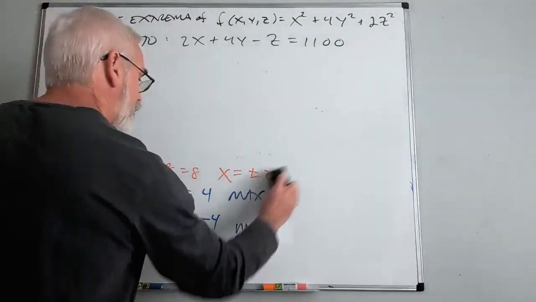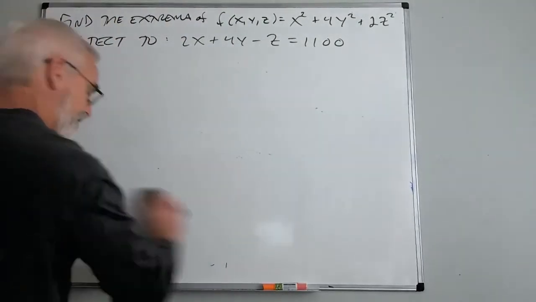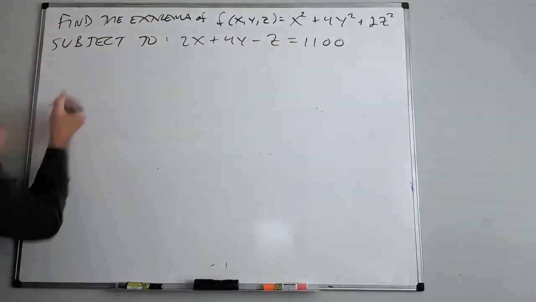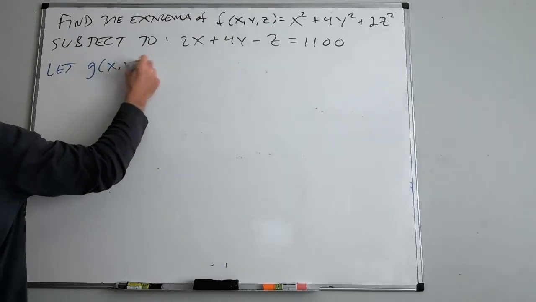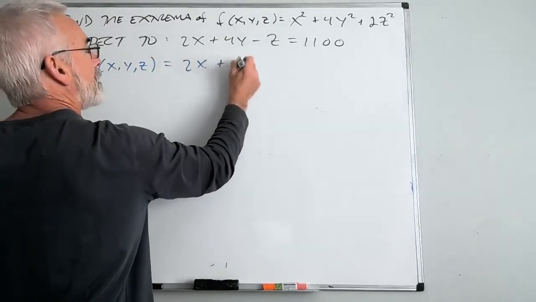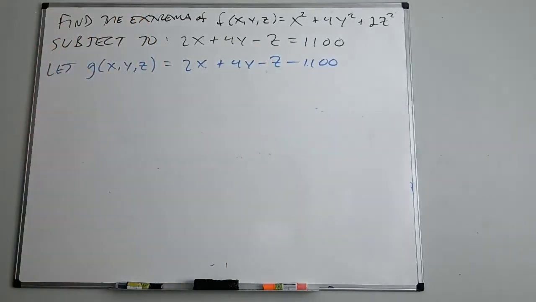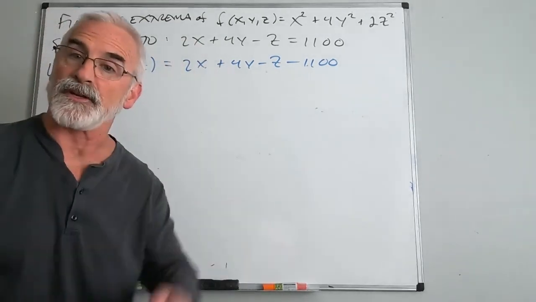So now we need to create a function that satisfies our constraint. Because this is a function of 3 variables, now I need my g to be a function of 3 variables. So quite simply, that really just doesn't take a lot of thought. Now, if you want, you can skip right down to the equation.